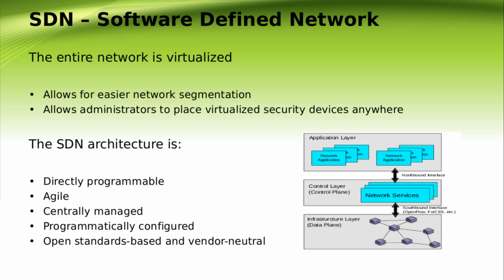SDN aims at separating the infrastructure layer from the control layer. Furthermore, this also negates the need for the traditional networking concepts of IP addresses, subnets, routing, and the like to be programmed into or deciphered by hosted applications. SDN offers a new network design that is directly programmable from a central location, is flexible, is vendor neutral, and is based on open standards.